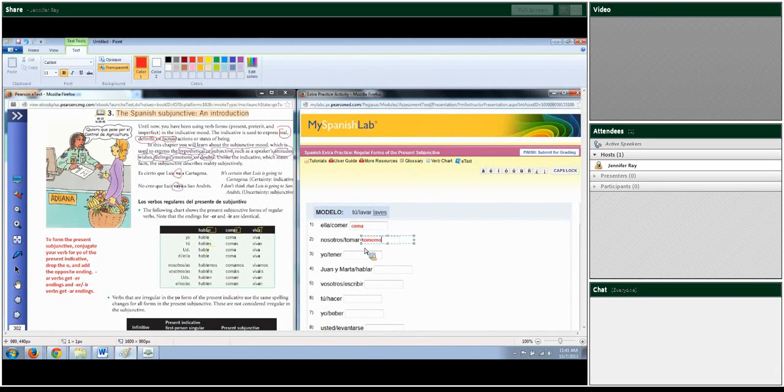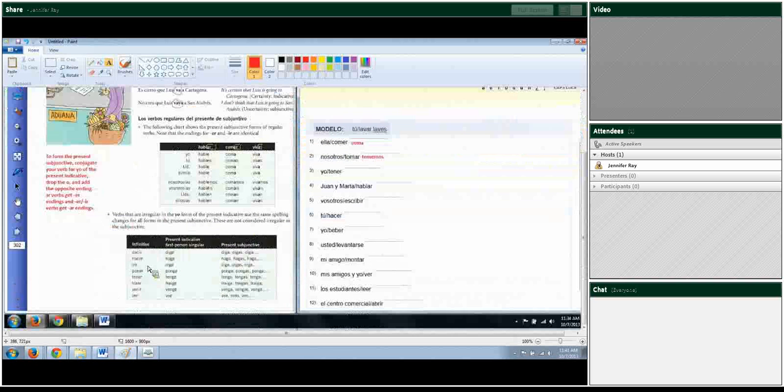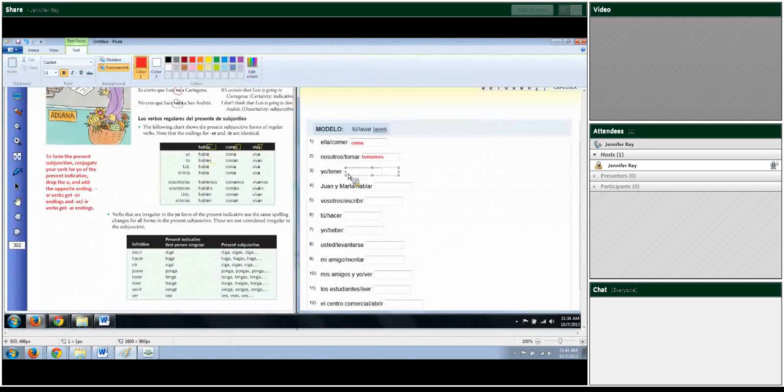I'm going to have tomemos. Yo tener. This one's actually irregular, but you still would do the same thing. Tener, tengo, I'm going to drop the O and add the opposite ending, which would be tenga.